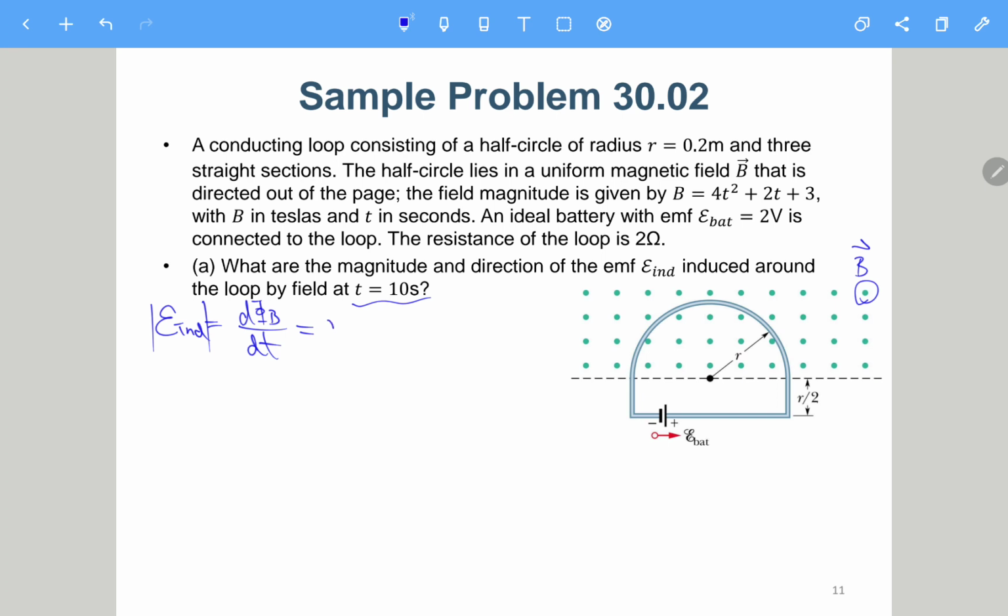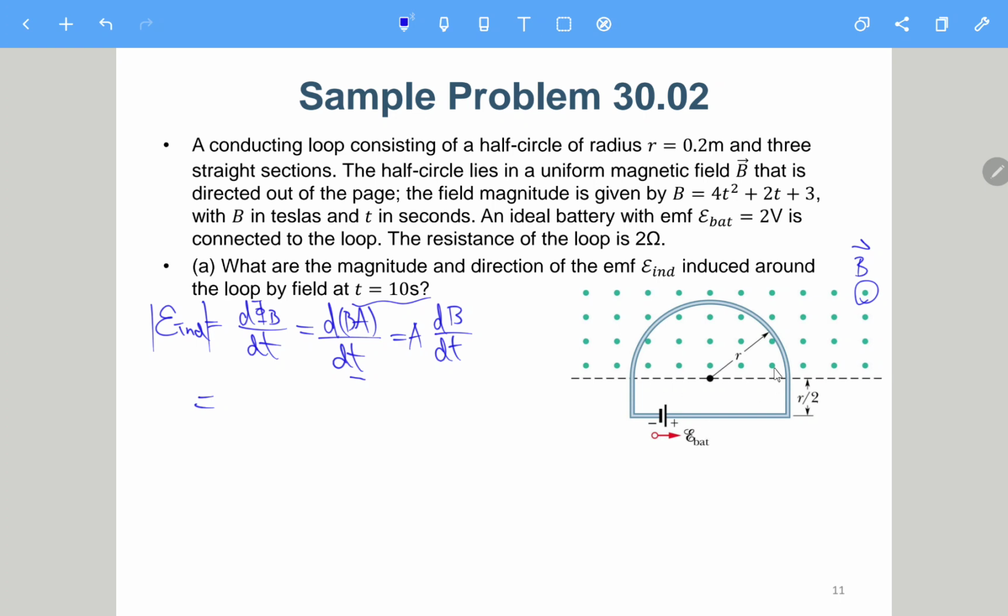So here d phi B will be B times A over dt. Okay, and actually the cross-section area doesn't change at all. So this A is a constant with respect to time t, so we can just put it outside. So we have A times dB dt, and then we can just plug in the value.